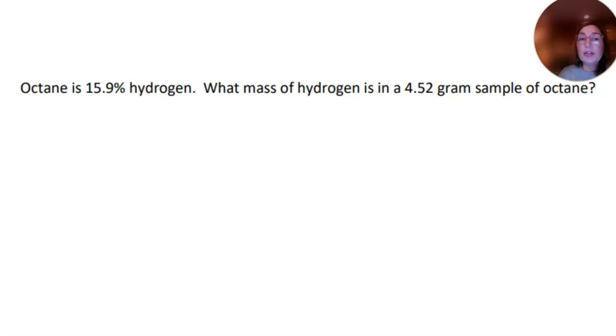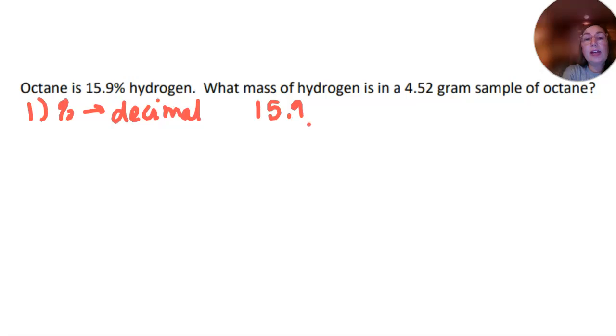Okay, so here's a strategy. I like to first take this percentage and convert it back to decimal form. Taking the 15.9% and going back to decimal form, you divide by 100%.